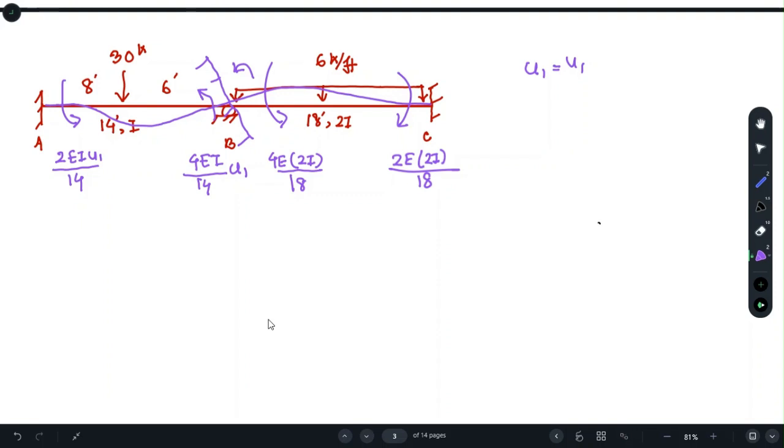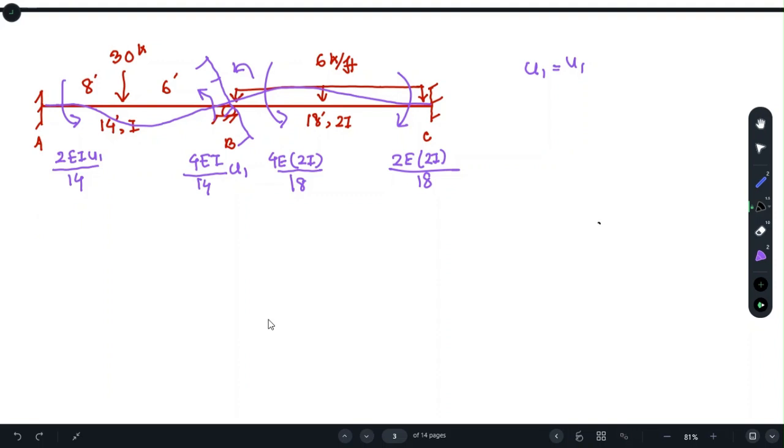So now we'll get reactions for applying the displacement as well. Let's say I'm writing the reaction in black color. Here I have already given the direction, but the direction isn't correct, so I will correct it.